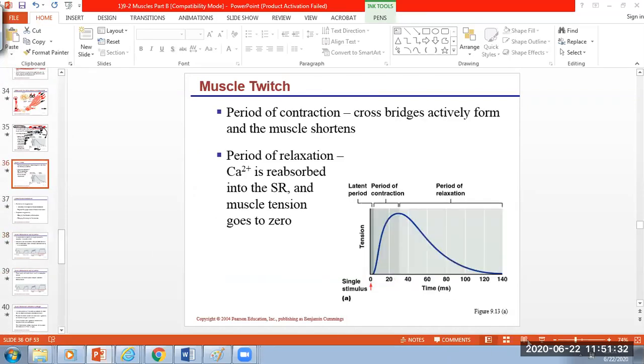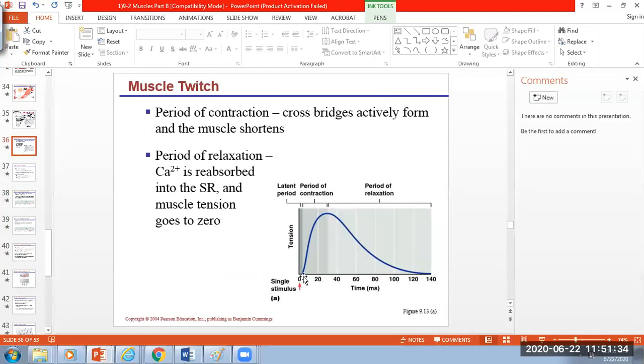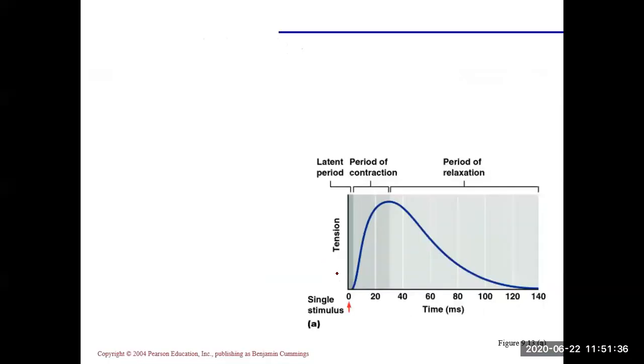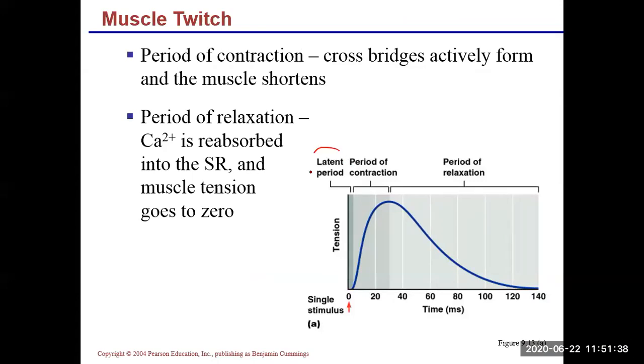Here is a good example of the muscular twitch. The very first part, all right, is called the latent period. The second part is called the period of contraction. And the third part is the period of relaxation.